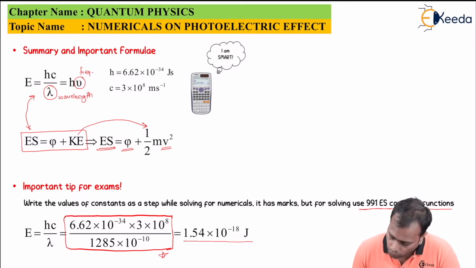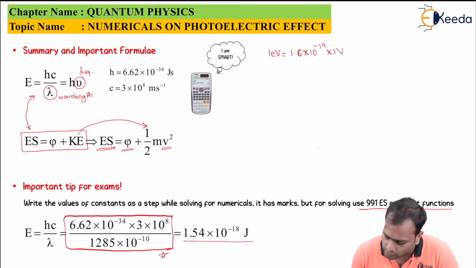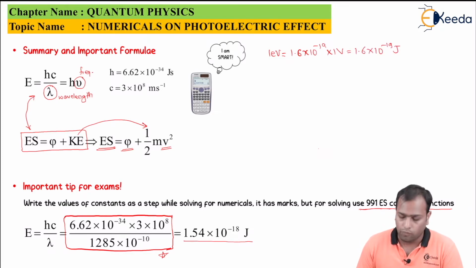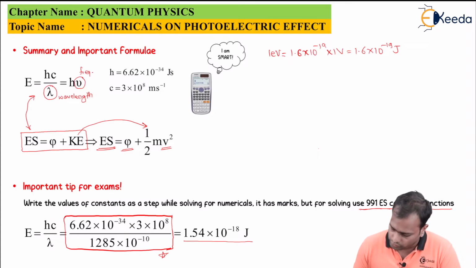So 1 electron volt is nothing but the charge of 1 electron, that is 1.6 into 10 to the power minus 19 coulomb, into 1 volt. This becomes 1.6 into 10 to the power minus 19 joules.